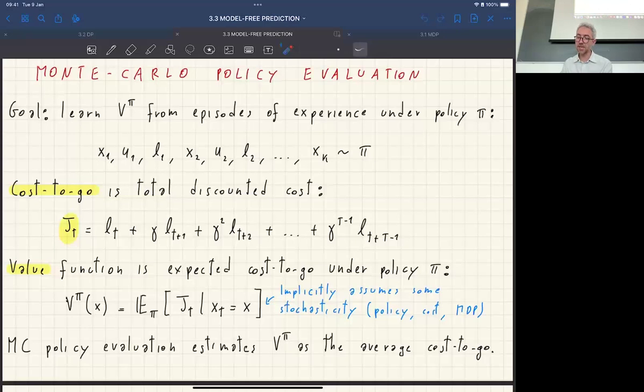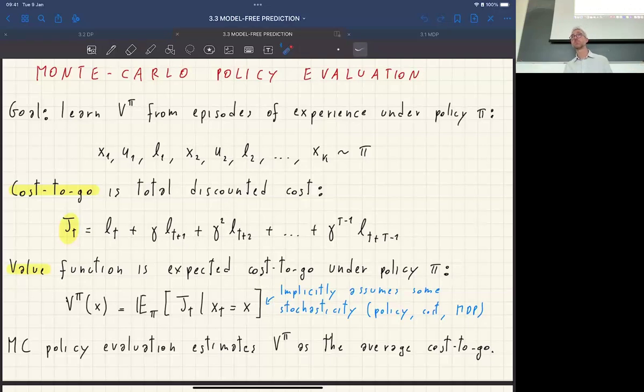And remember, there must be an end, which in this case is capital T. And the value function is nothing more than the expectation of this cost to go, which, assuming that the policy or the Markov decision process might be stochastic, may be different every time we go through a state. So we are not always going to see the same cost to go, even starting from the same state and applying the same policy, because we have stochasticity in the dynamics and possibly even in the policy.